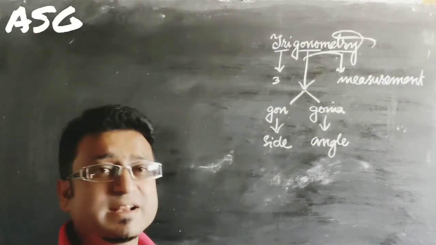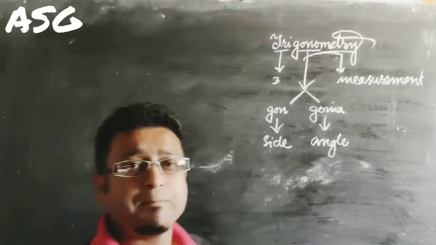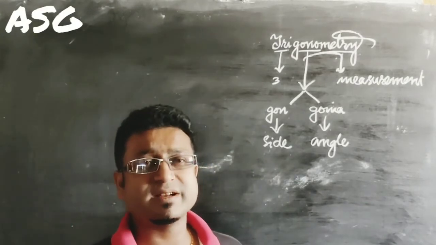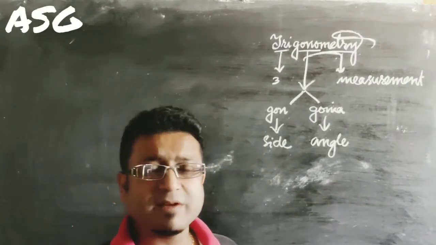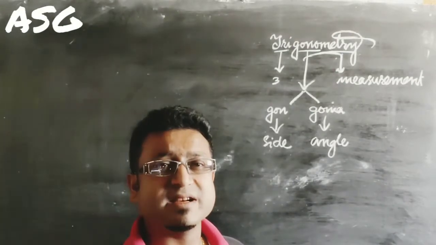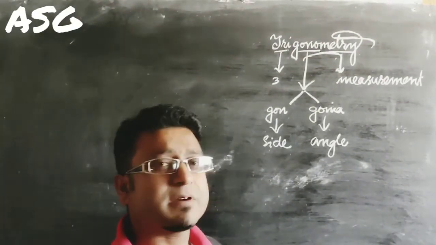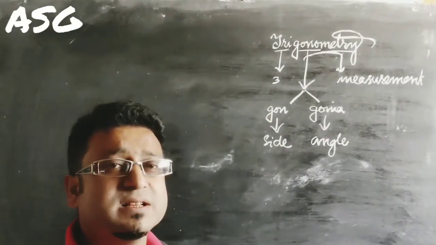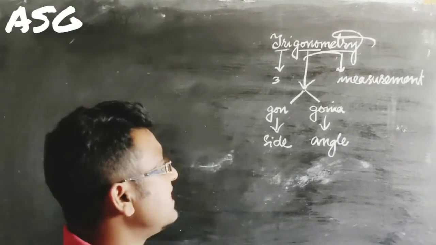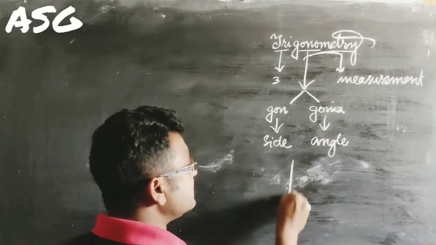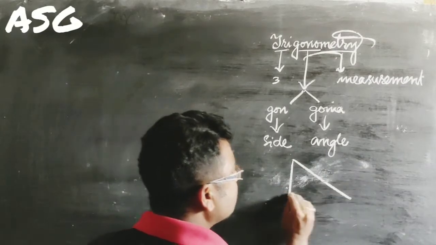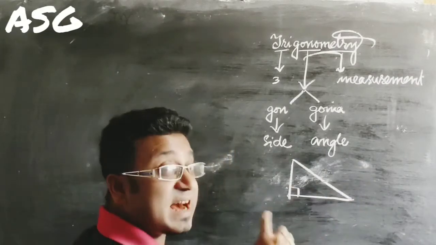The next thing is what type of triangle we are going to consider. Though trigonometry can be applied to different situations and different triangles, here we are going to restrict ourselves to only those triangles where one right angle is there. That means one of the angles is 90 degrees, a right angle triangle.